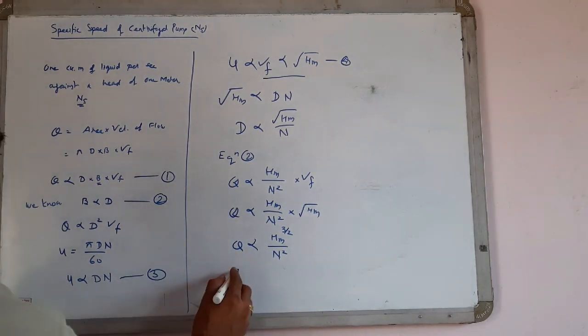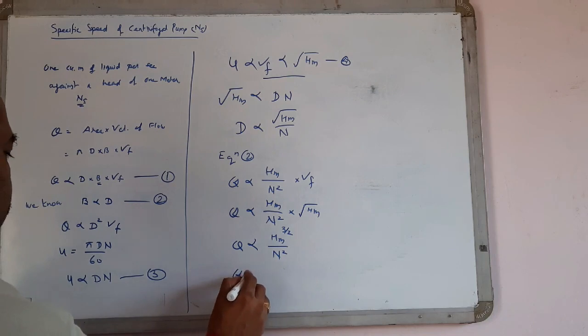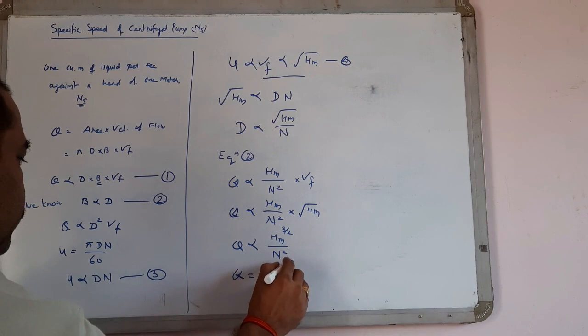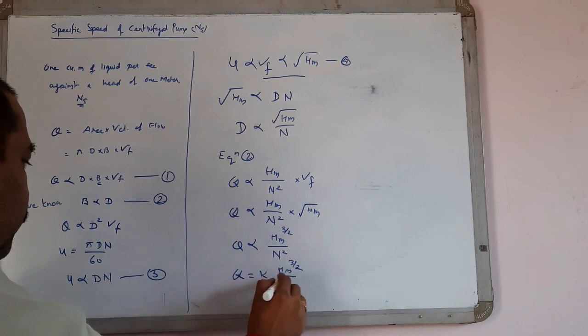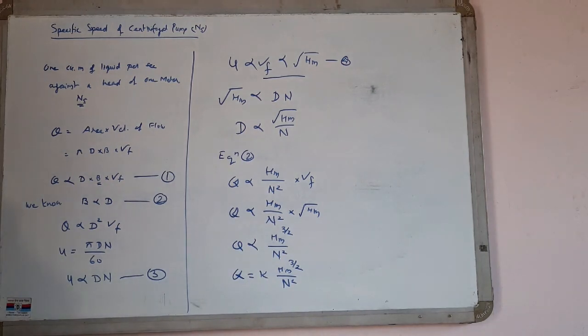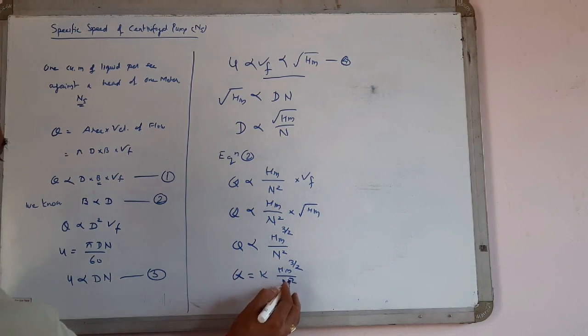So Q equal to K Hm to the power 3 by 2 by N square, where K is the constant of proportionality.